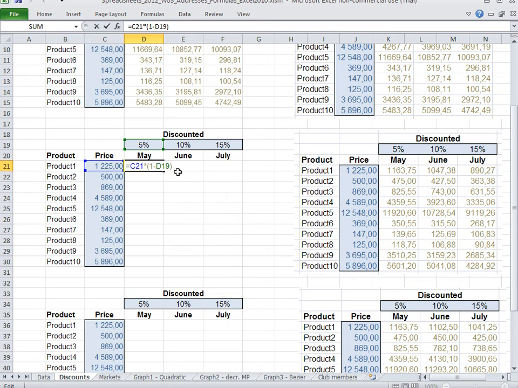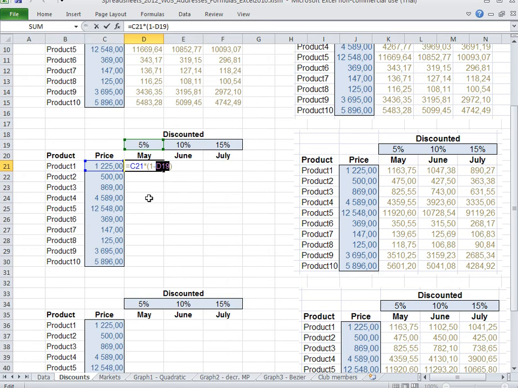Now to the green cell. When we copy the formula down to next products, then we actually don't want the green cell to move down. So D19 should remain in 19th row. 19 should stay fixed.